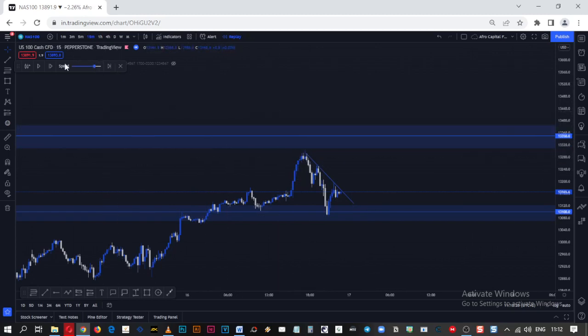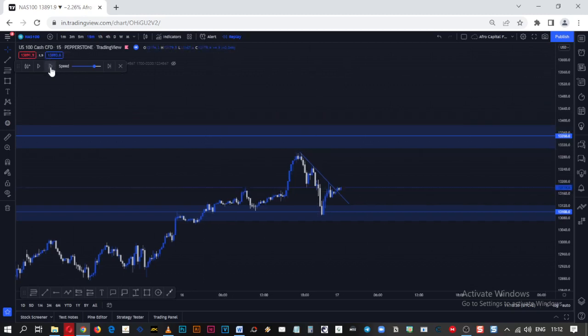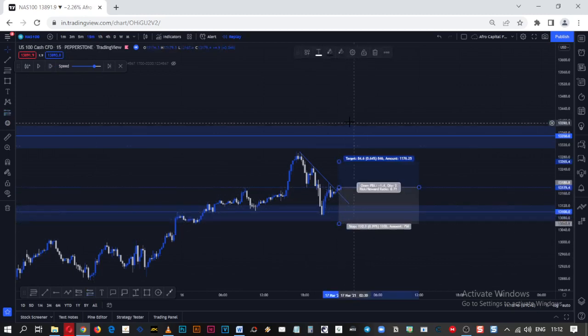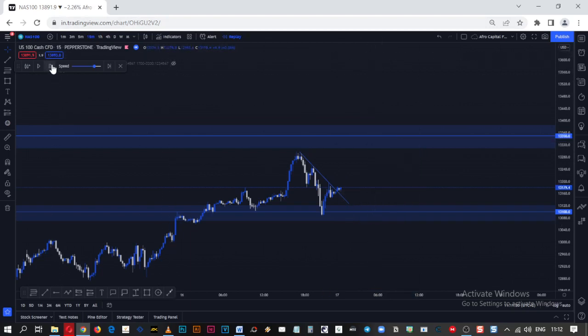If it's broken, we're just basically entering. Taking entry. Stop loss. Remember I said if it's 1:1, there is no need to bother with that one. Let's let the entry go.